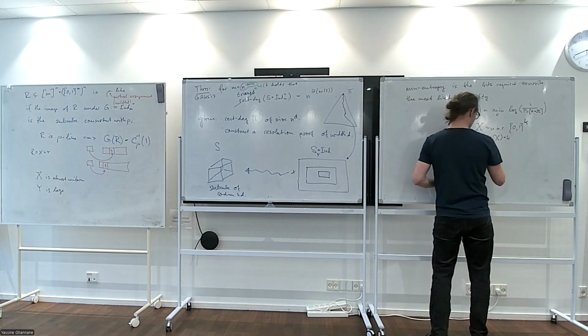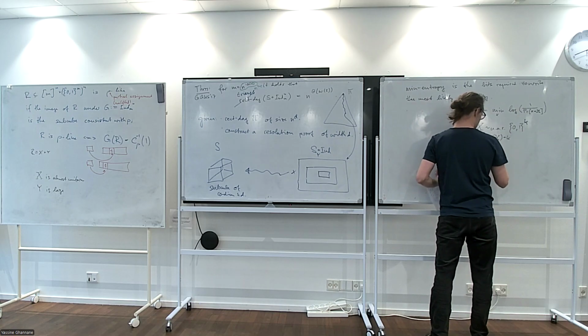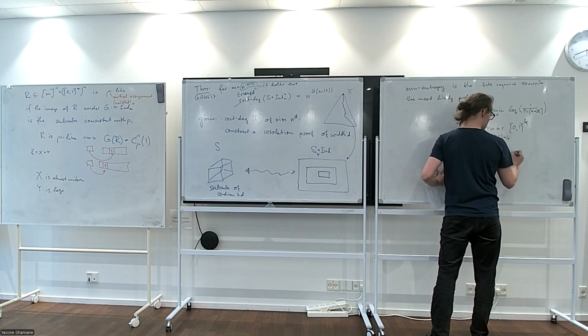And if I have the very stupid distribution where x is just equal to a fixed string, what is then its min entropy?